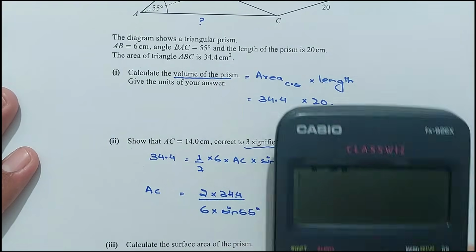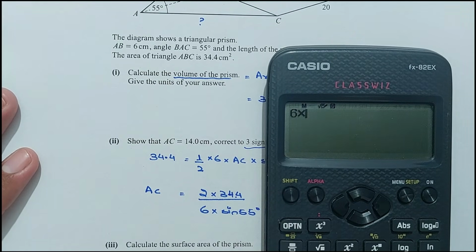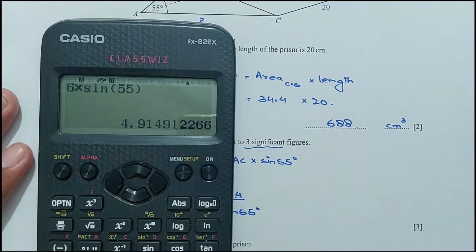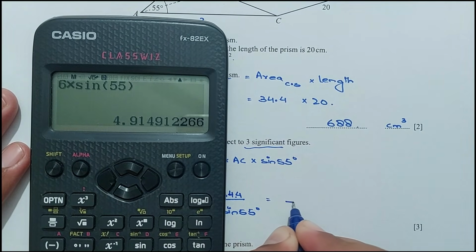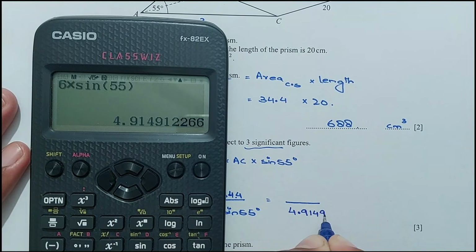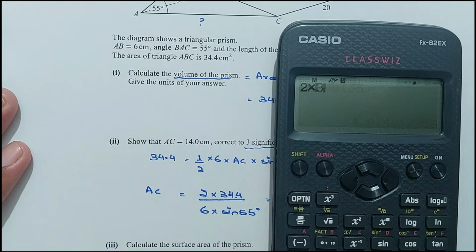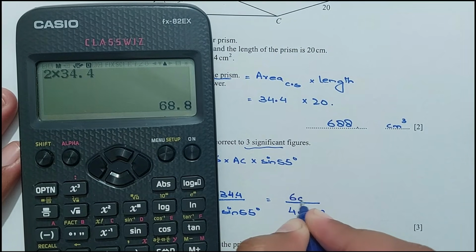Right. So 6 times sine 55 is 4.9149, and 2 times 34.4 is 68.8.